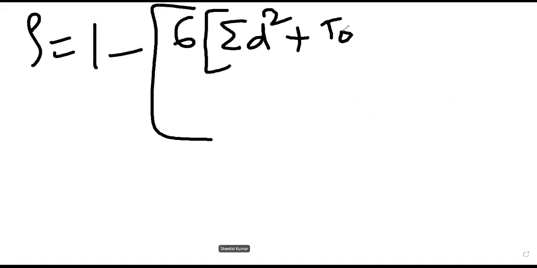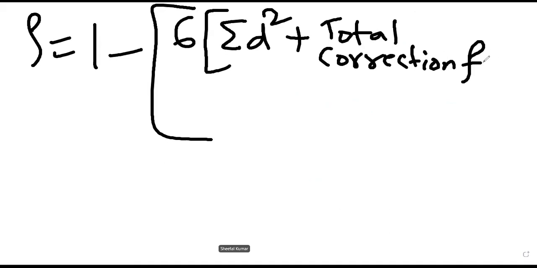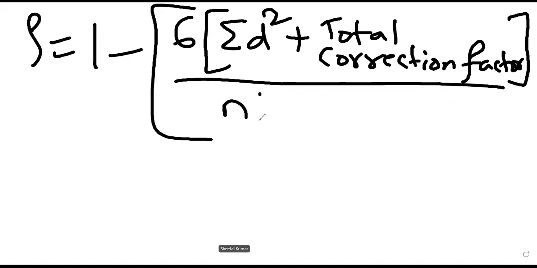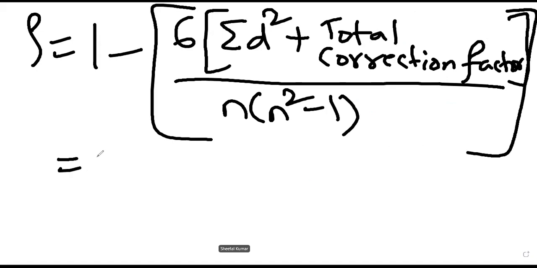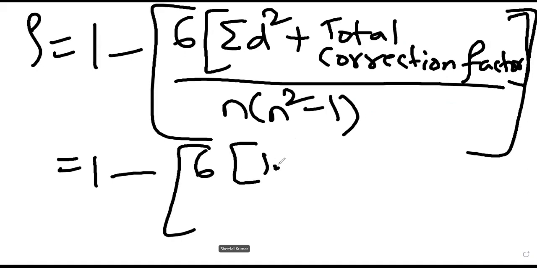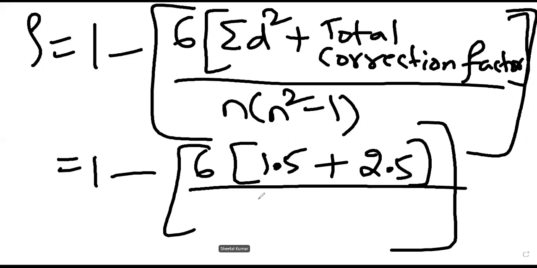Okay, so rank correlation is 1 minus 6 plus total correction factor, whole divided by n square minus 1. 1 minus 6 into summation d square was 1.5 and total correction factor was, n value was.